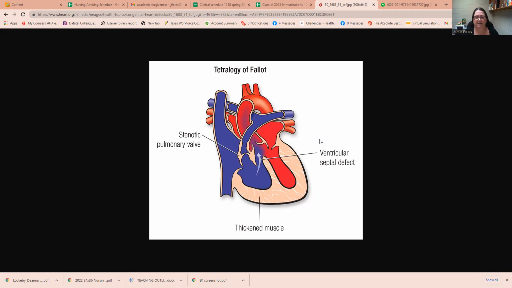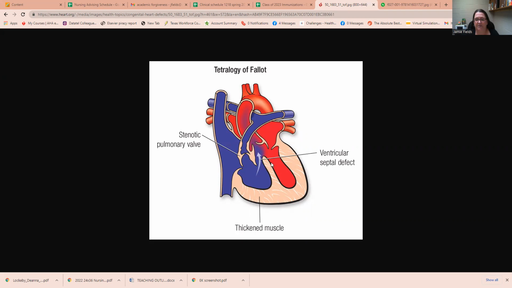This child has a ventricular septal defect, okay, pulmonic stenosis, so from the right ventricle, this valve that goes to the pulmonary artery is tight, it's constricted. An overriding aorta, which means instead of coming from the left ventricle, the aorta is over this defect.